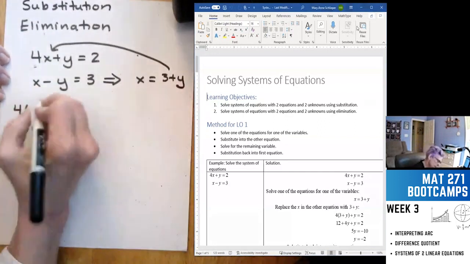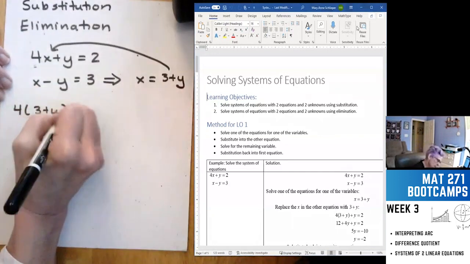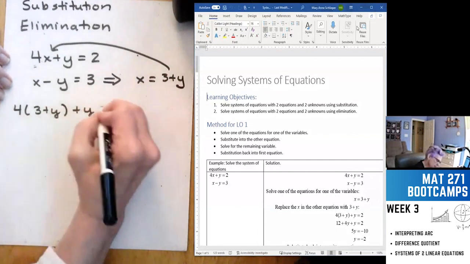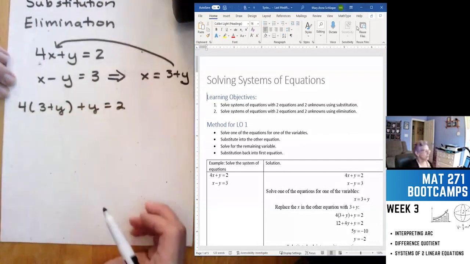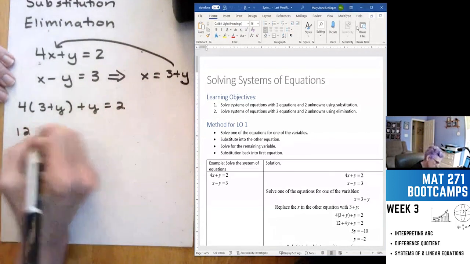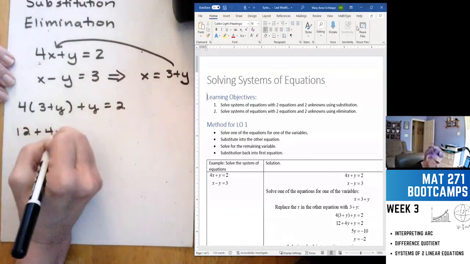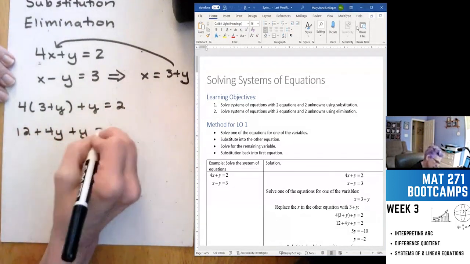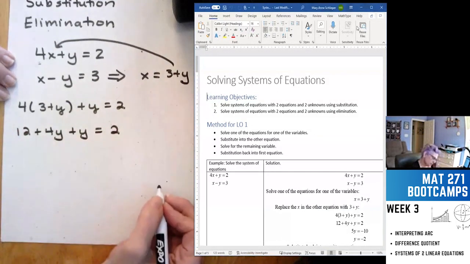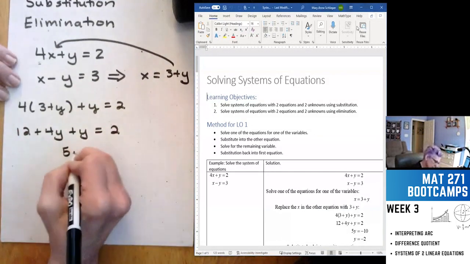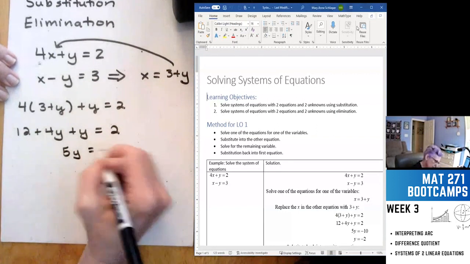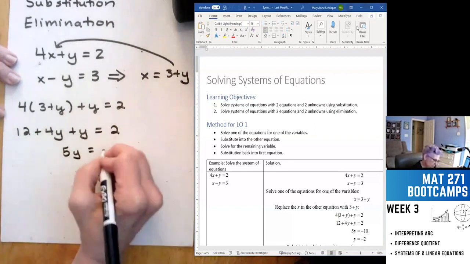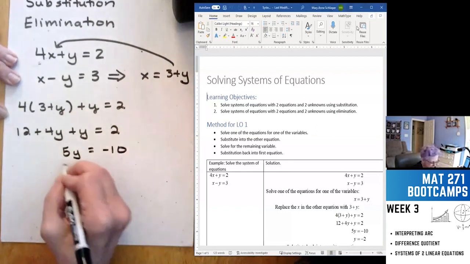Then I'm going to take this 3 plus y and replace the x in the first one. So I have 4 times 3 plus y equals 2. 12 plus 4y plus y equals 2. 4y plus y is 5y. Subtract 12 from each side.